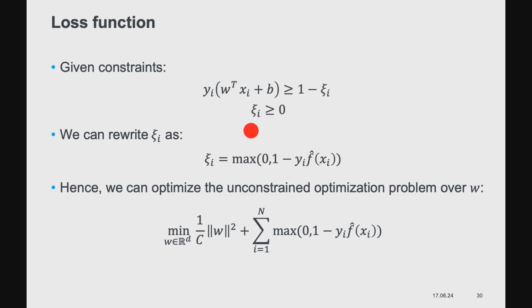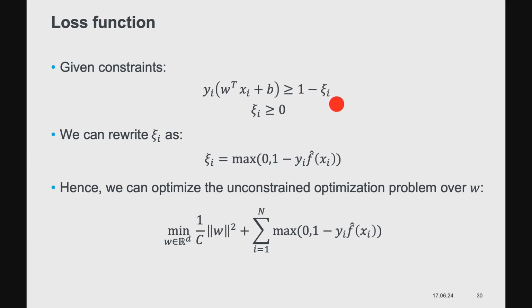Now, how can we write this in one formula? Well, we can, of course, resolve this for zeta i. So here we could say zeta i is less than, and we can bring the 1 on the other side. But then we would have minus zeta i, so we can multiply with minus 1 and then switch around the inequality sign.